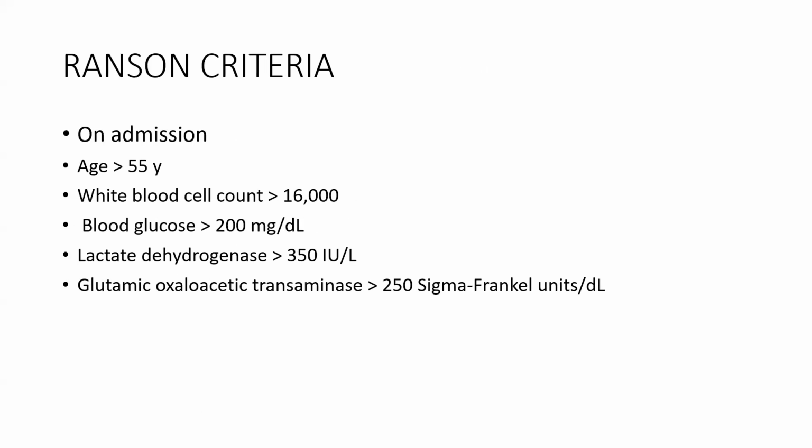Then the next is Ranson criteria. On admission, it includes age more than 55. We get all the blood investigations, and in those, we look for WBC count more than 16,000, blood glucose more than 200, LDH more than 350, and SGOT more than 250.